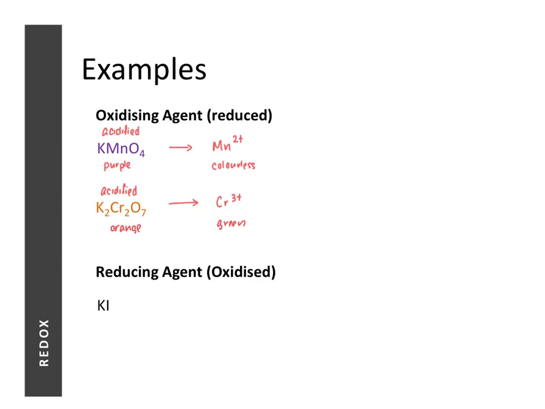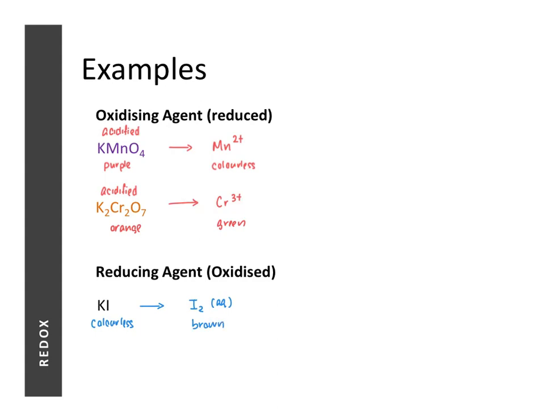Potassium iodide is the example that we need to remember for reducing agent. When potassium iodide acts as a reducing agent, itself will be oxidized to iodine. We have learned in periodic table under halogens that halides are mostly colorless, whereas halogens are colored, and aqueous iodine is brown.